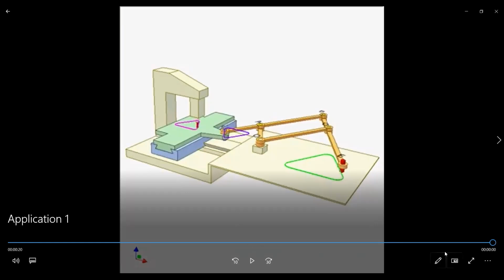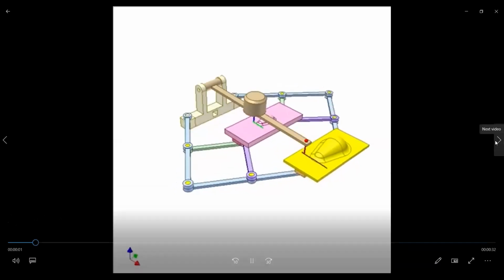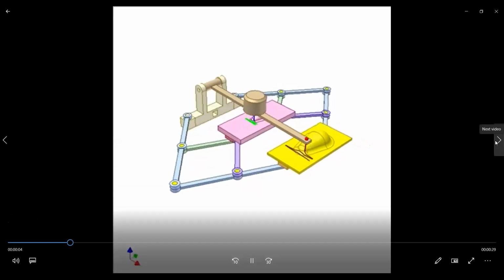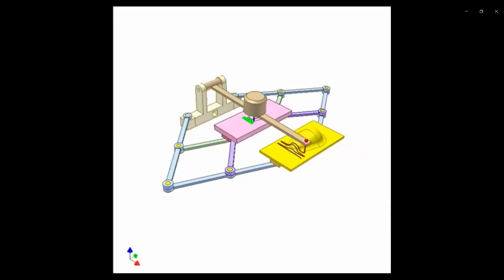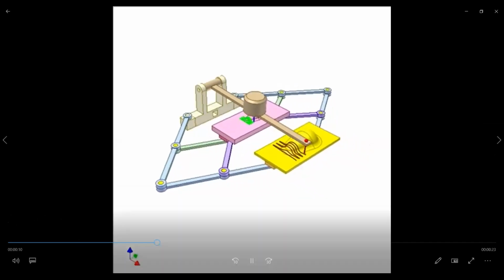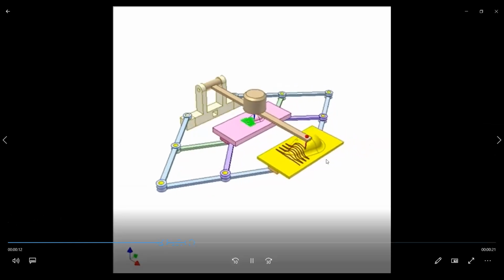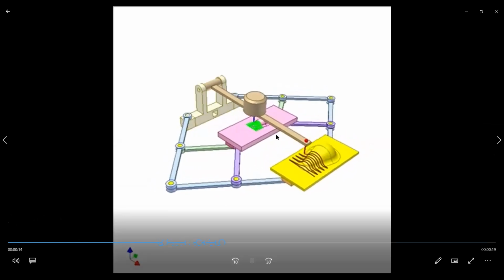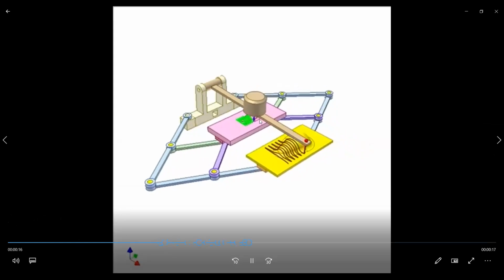It is one application. Then see, this is another one, where the shape is being copied.